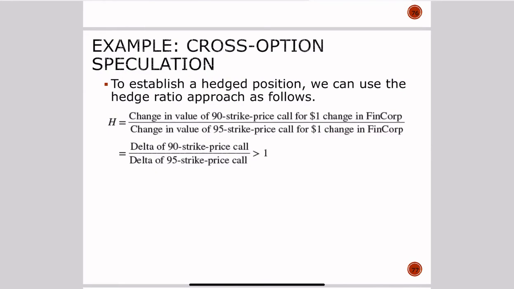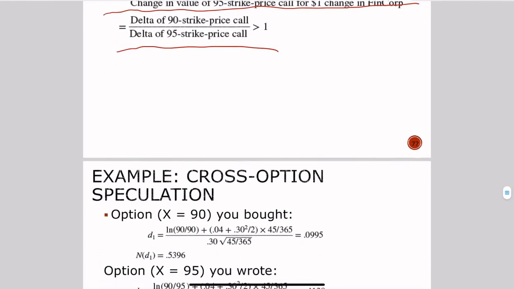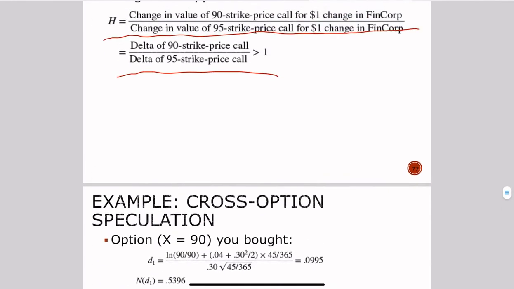And you can see that this hedge ratio can be defined as the delta of the $90 strike price call divided by the delta of the 95 strike price call. Okay, so basically you will use the Black-Scholes formula to find out delta, and then use the ratio of deltas as the hedge ratio, right?